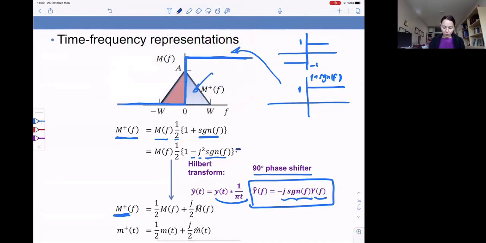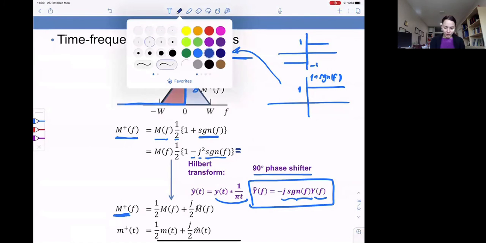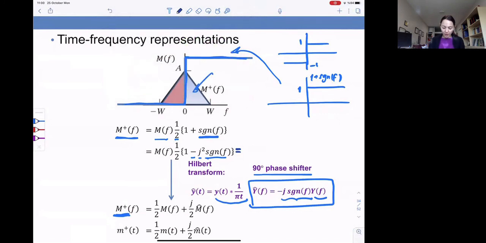So this is equal to M of F over 2 minus J M of F over 2 times signum of F, which is equal to 1/2 M of F plus J over 2 M Hilbert.